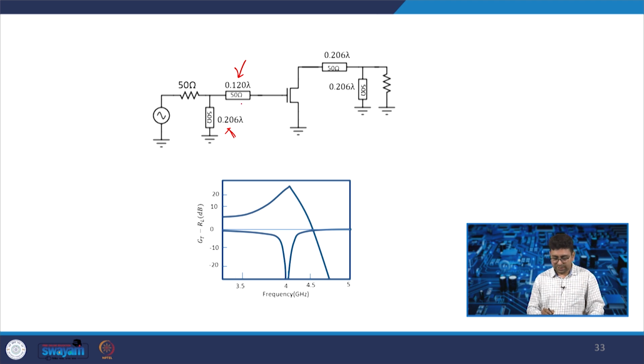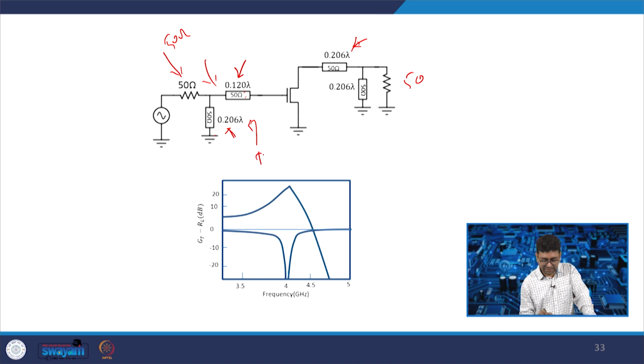So, this is a stub, that is, we have done the matching at the input side and output side by using the gamma s, because this will always be the 50 ohm, and then you have a gamma s here and the gamma L, and you can find out the impedance matching.